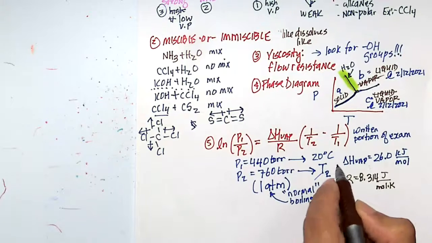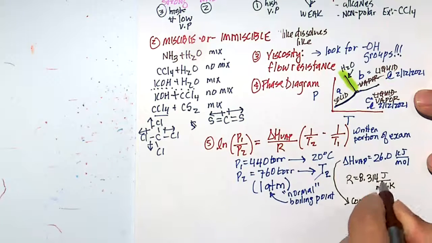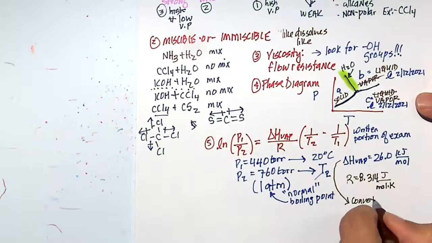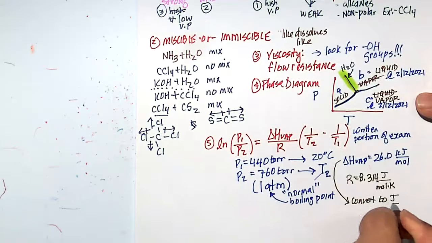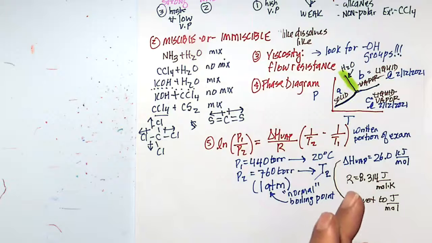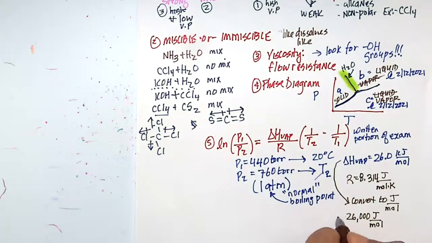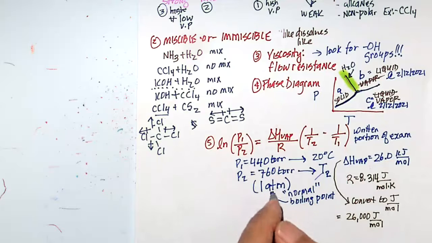One of the first things you should do is convert your delta H vap, vaporization, to joules over mole to get the units to cancel, and that is simply multiplying by 1,000. And then you can start plugging stuff in.